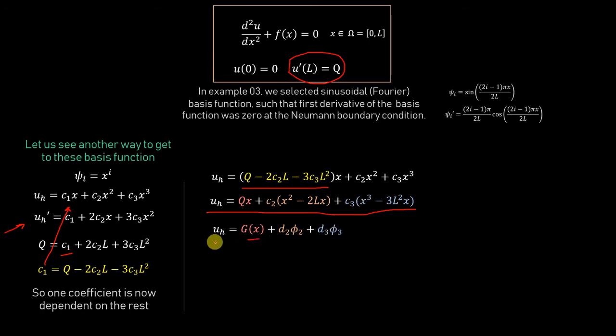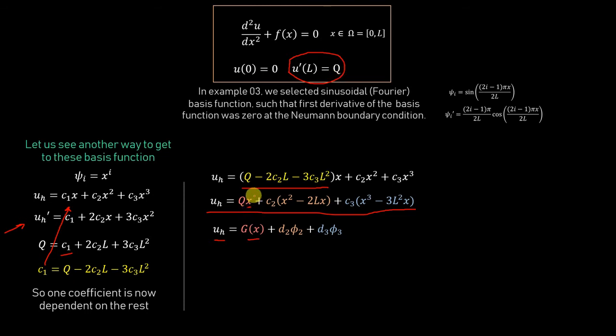Now this u is again a combination of some boundary function and some linear combination of the basis functions in some space, and the coefficients d2, d3 that we want to find out. Note that this g(x) is dependent on the value of the Neumann boundary condition here, and x.